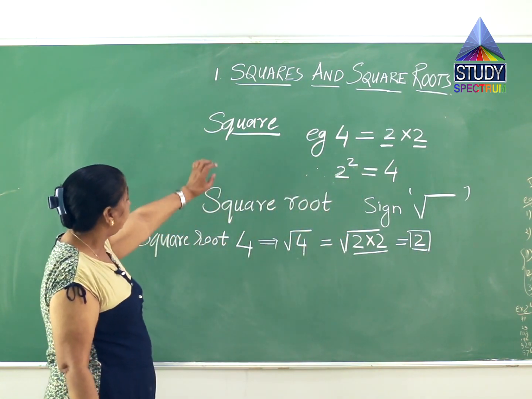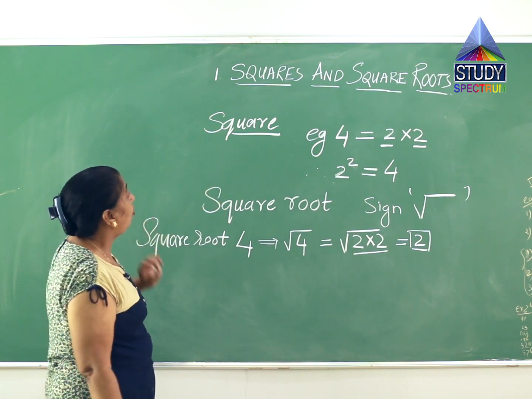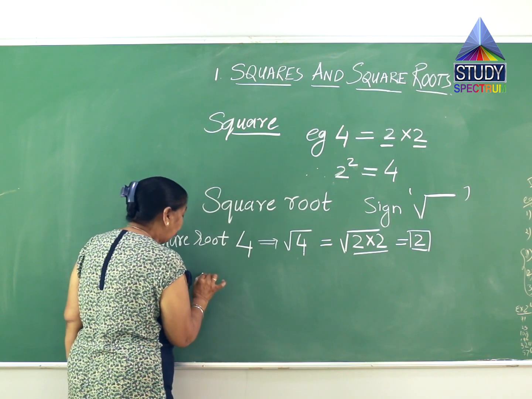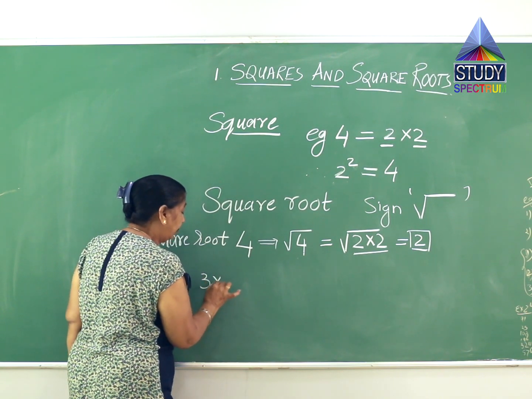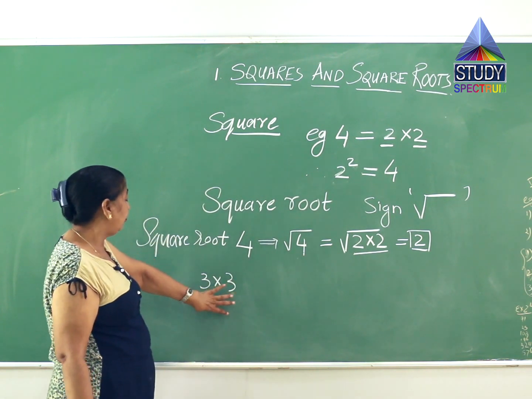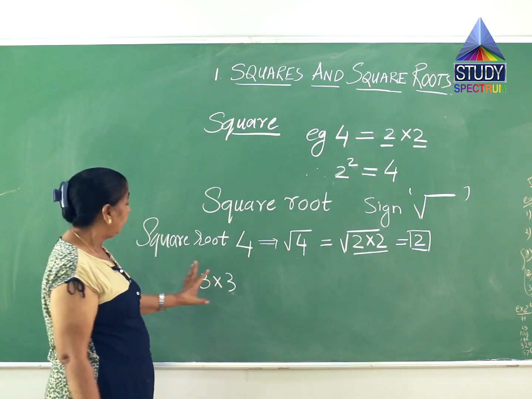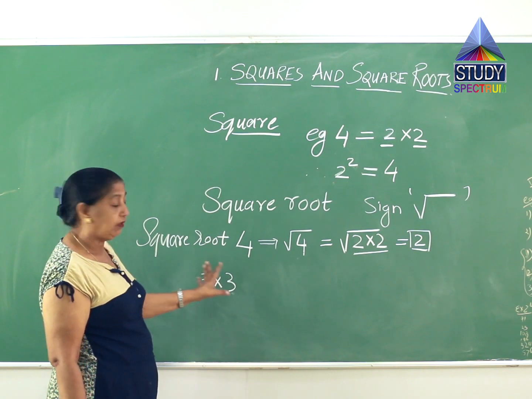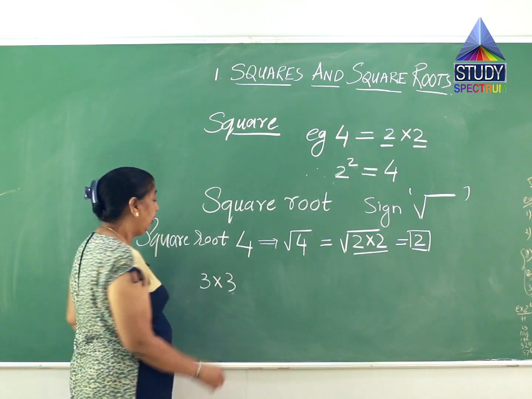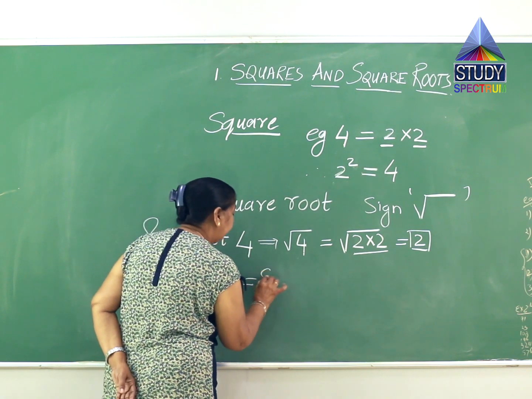Now we can learn about the squares of positive numbers. Suppose 3 multiplied by 3. These are two positive numbers. It is customary that we don't write the positive sign before it. So I can write just 3 into 3. That gives me 9.